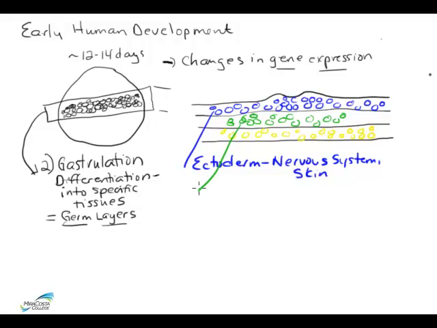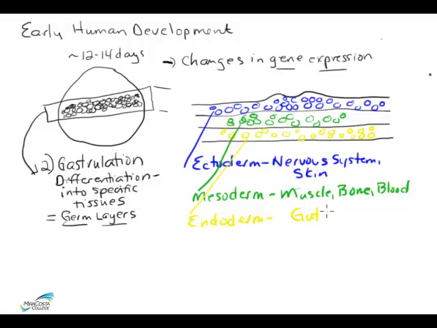This middle layer is referred to as the mesoderm germ layer, and the tissue types that result from this mesoderm layer are muscle, bone, blood, and then finally this bottom germ layer is referred to as endoderm. Endoderm is responsible for producing gut as well as most of the tissues that are found in lung.